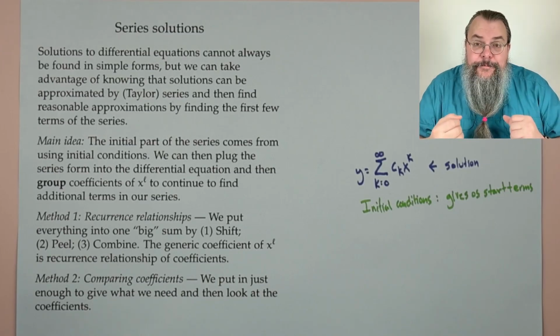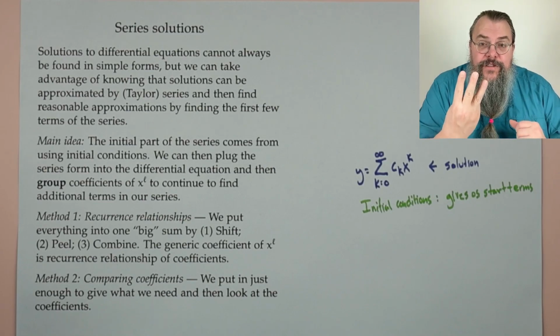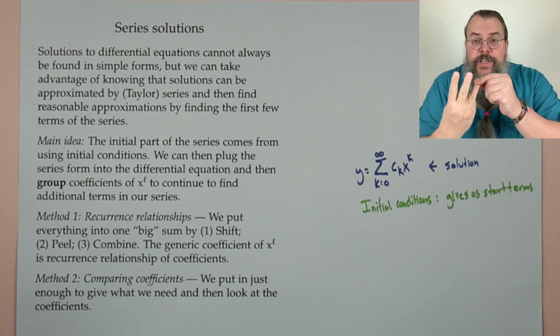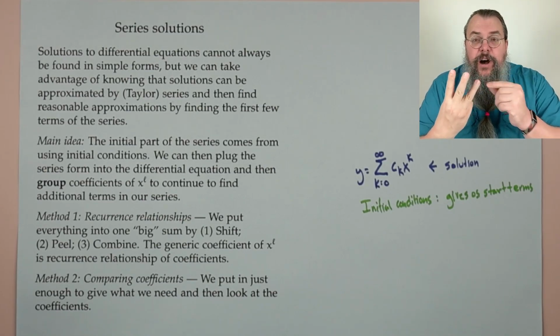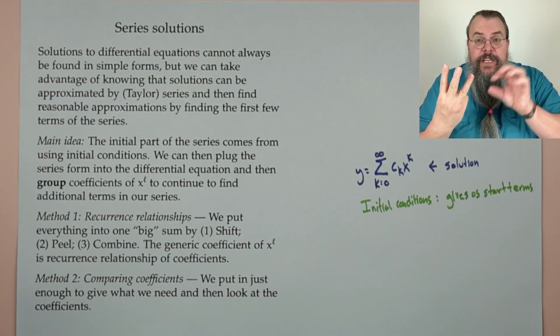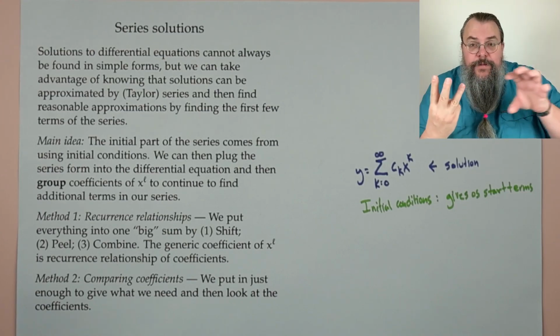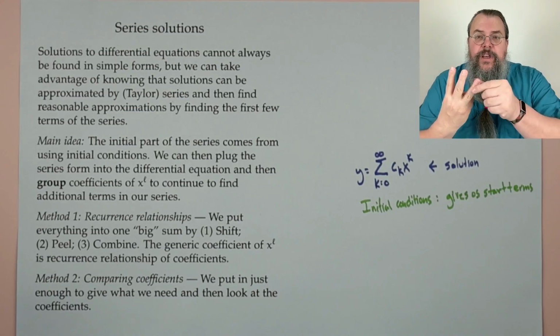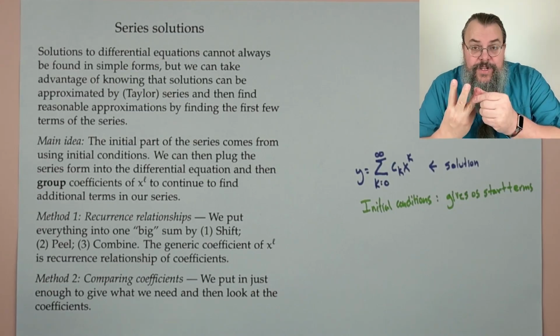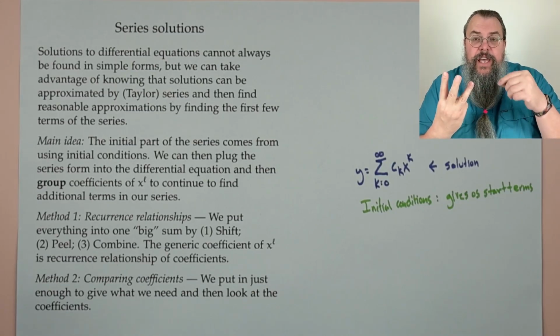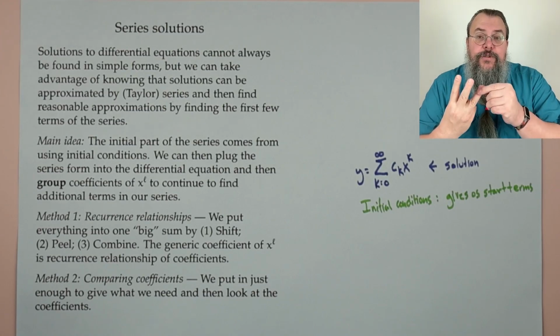How do we get there? There are 3 steps. The first thing we want to do is make sure all the powers of x look the same in each individual sum. So we have several sums we have to put together, and we do this by shifting. If I see x to a power, I'm going to shift.